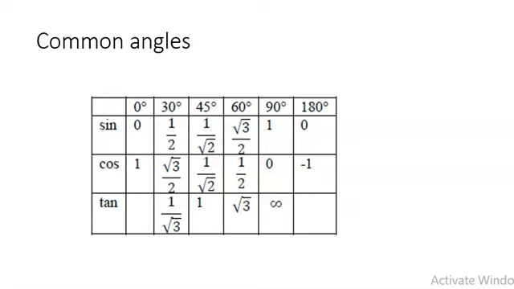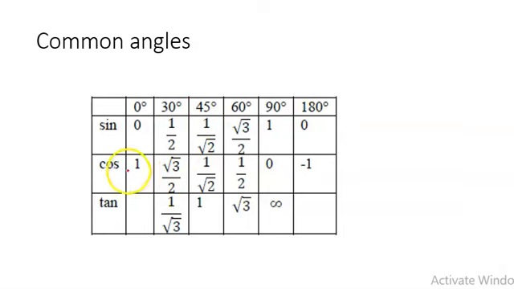But most of the common angles are 0, 30, 45, 60, 90. Then you can add 180 to it. So let's look at the first part. Sin 0 is 0, sin 30 is half, sin 45 is 1 over root 2, sin 60 is root 3 over 2, sin 90 is 1, sin 180 is 0.